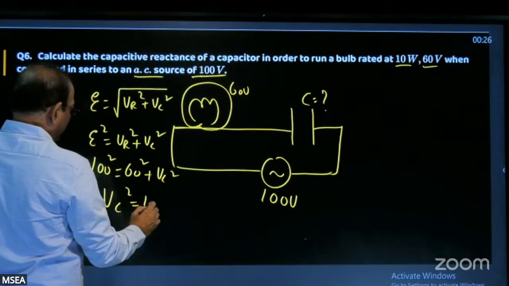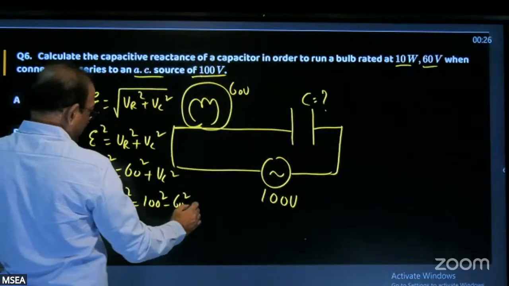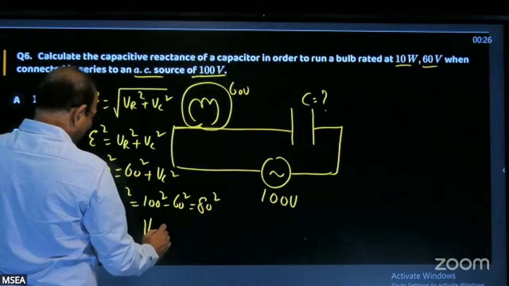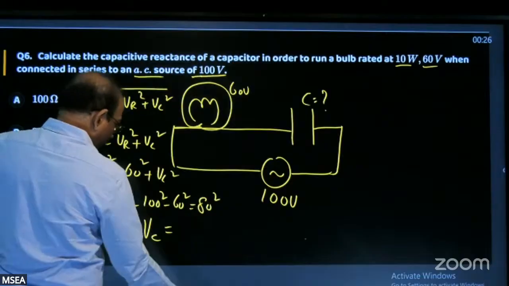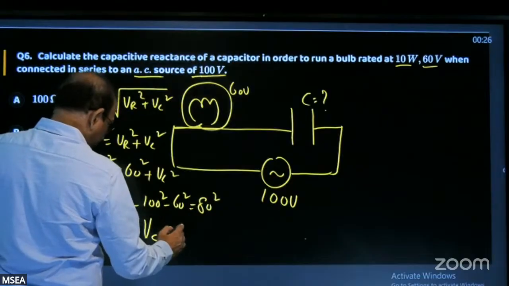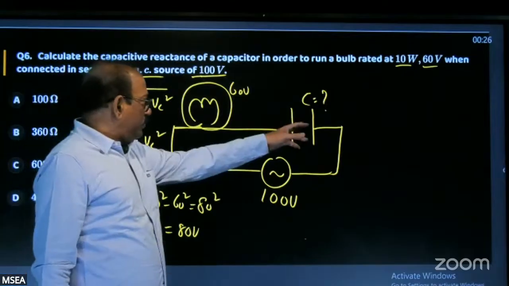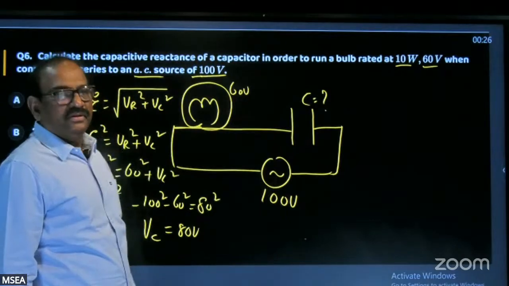So VC square is 100 square minus 60 square, that is 80 square. VC is 80 volt. This capacitor's voltage will be 80 if you connect like this.